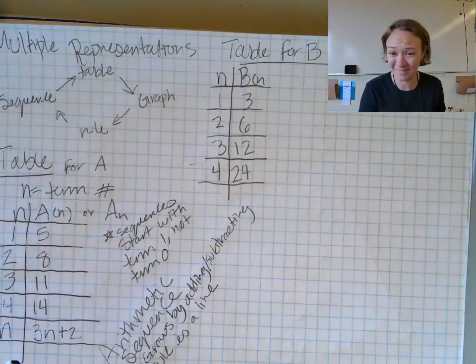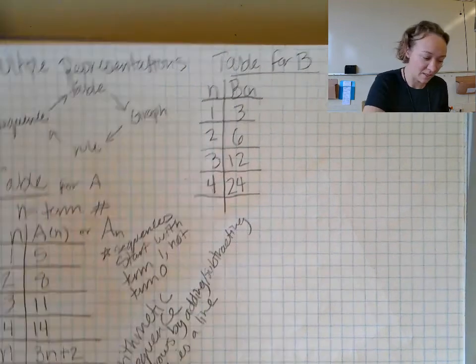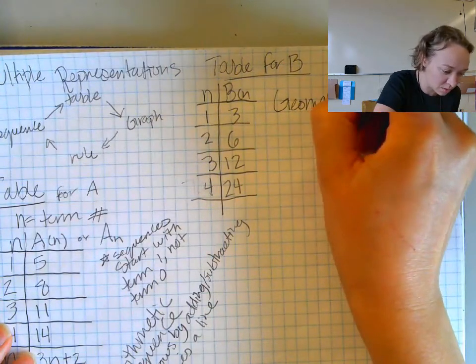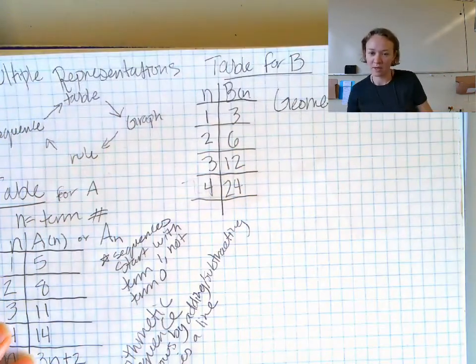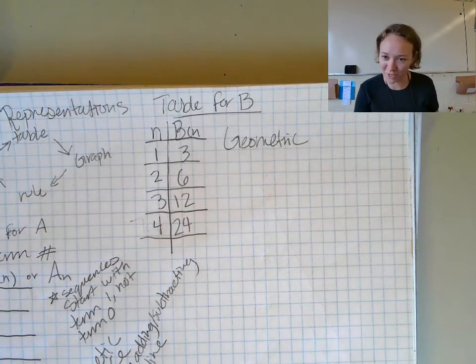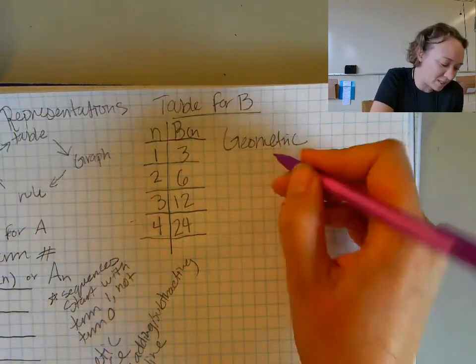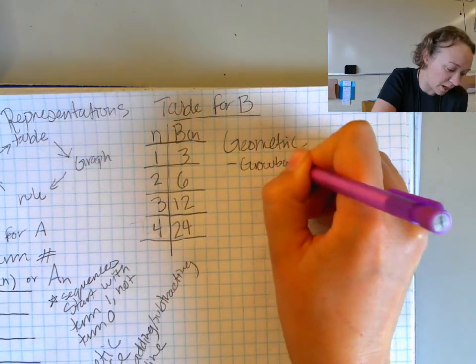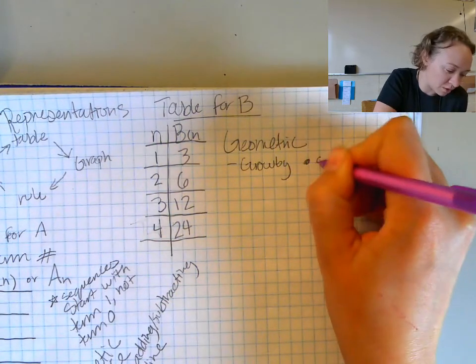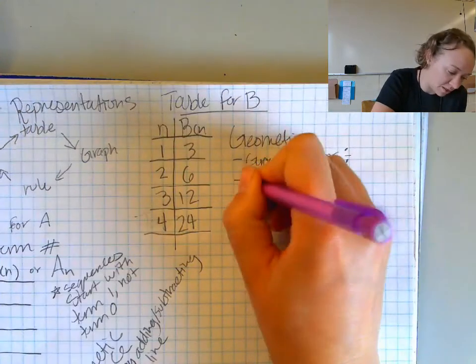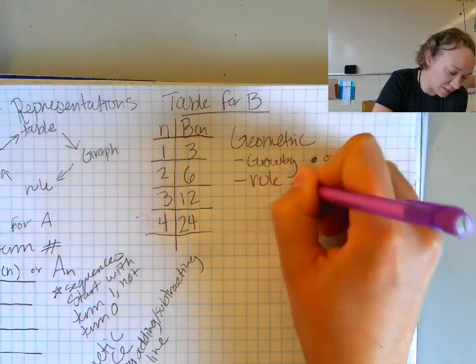Table B is not. Table B is geometric. That one looks and sounds the way we want it to. And these geometric rules grow by multiplication or division, and the rule is exponential.